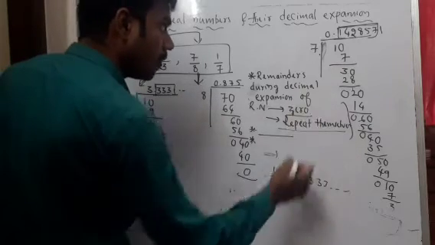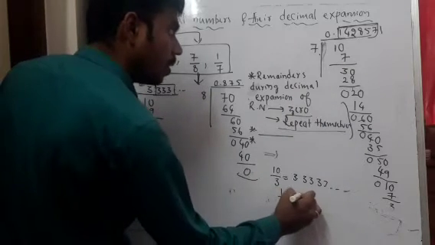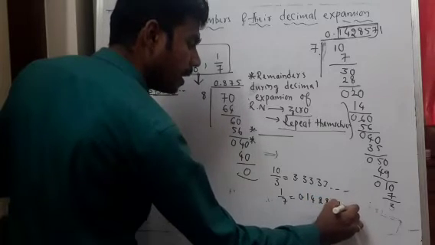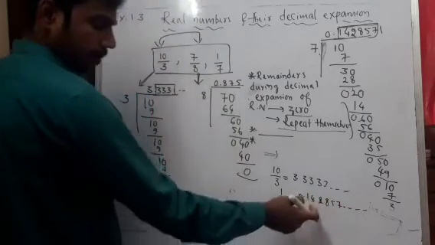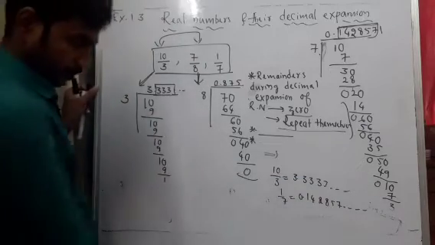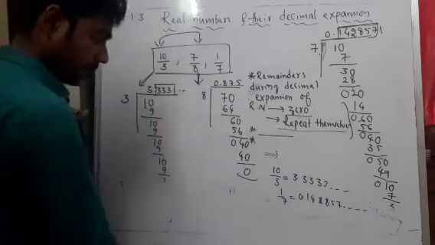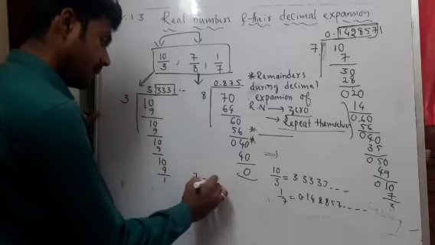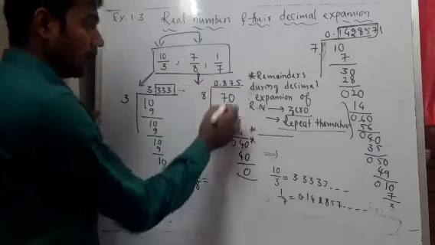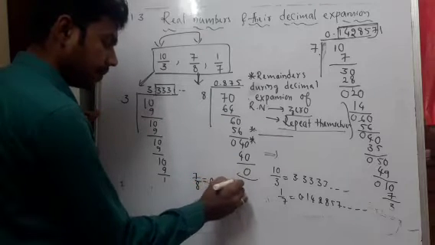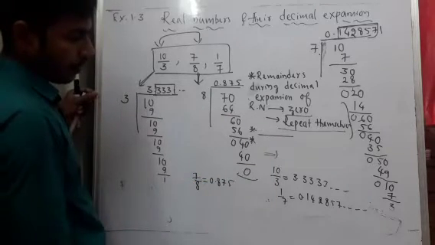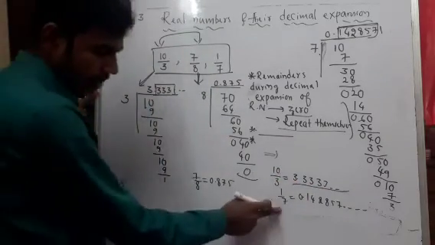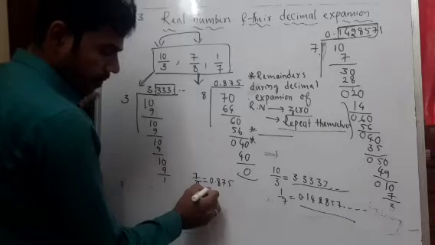For 1 by 7 it is 0.142857, and it is going to repeat again. But for 7 by 8 it is 0.875.